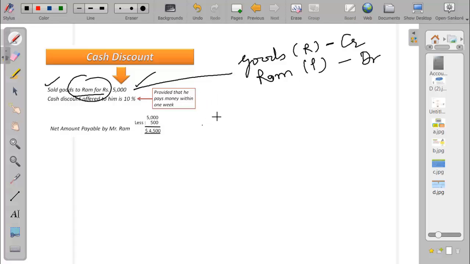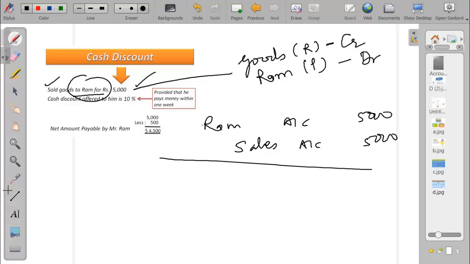See, first we will record the debit item. Ram's account dollar 5000 and sales account. In place of goods we will write sales account dollar 5000. Agree? Any mistake is there? Yeah, one mistake is there.